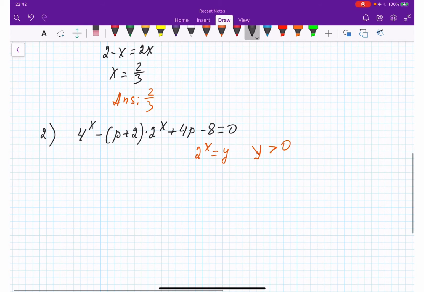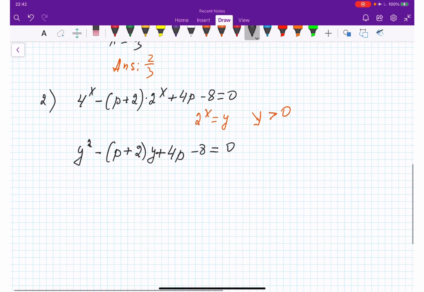So we are going to get y squared minus (p plus 2) times y plus 4p minus 8 is equal to 0.